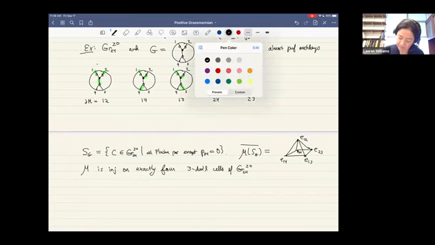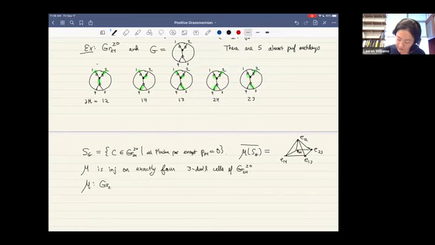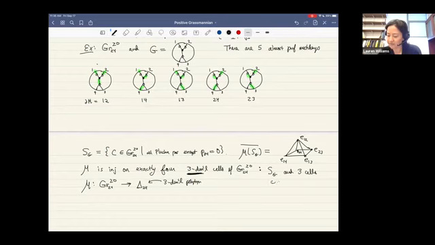In our little example, mu is a map from the non-negative Grassmannian onto the hypersimplex, which is a three-dimensional polytope, and that's why I'm looking for three-dimensional cells on which mu is injective. These three-dimensional cells are S_G, and also the 3 cells coming from rotating the graph G, or if you like, just cyclically rotating the labels.